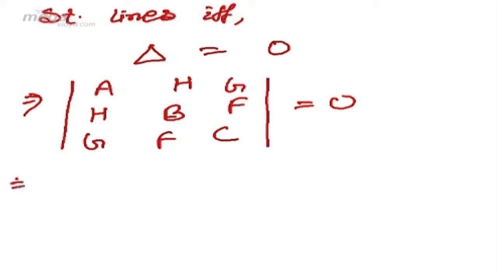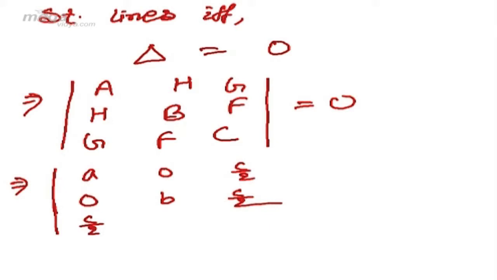And now we will simplify. We will substitute first the values of a, b, c. So here it is: a, 0, c/2; 0, b, c/2; c/2, c/2, 0. This determinant equals 0. Now we will expand it along the first row.